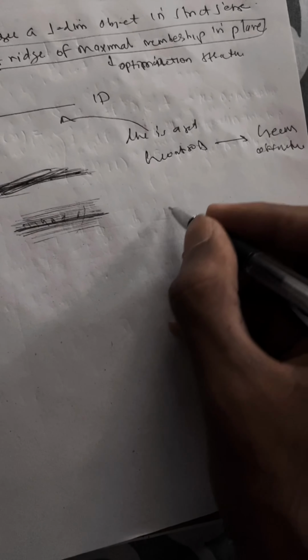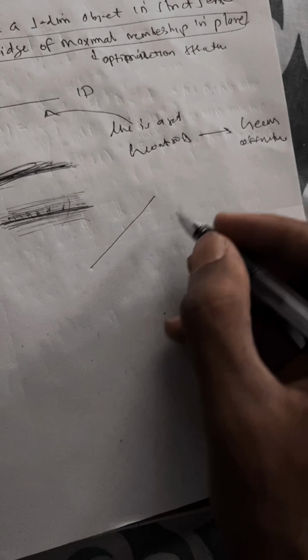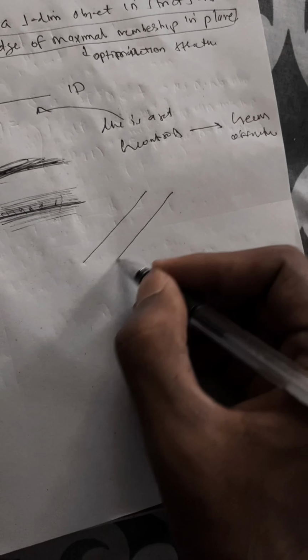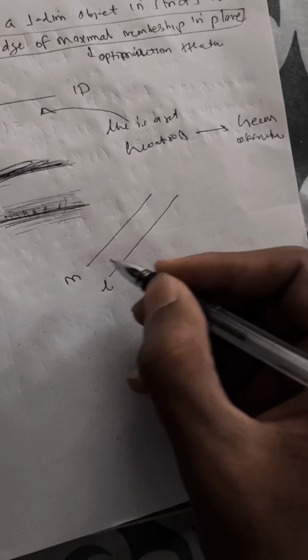So now what happens to a postulate like this? Given two lines on the plane, L and M, either they intersect or they don't. So what happens to this in a fuzzy set? Well, in a fuzzy set, a line can be blurry like this, right?